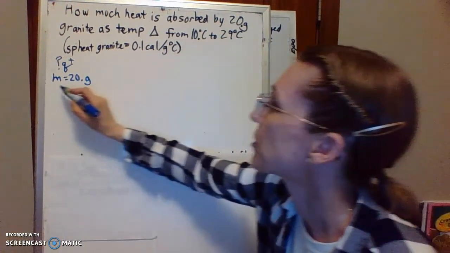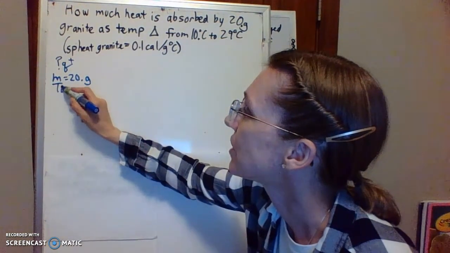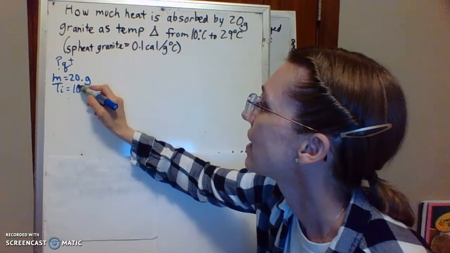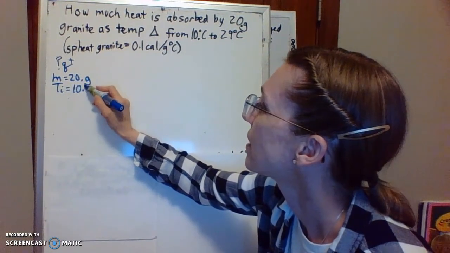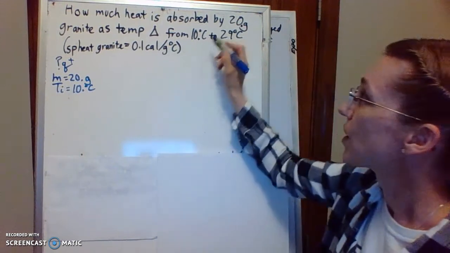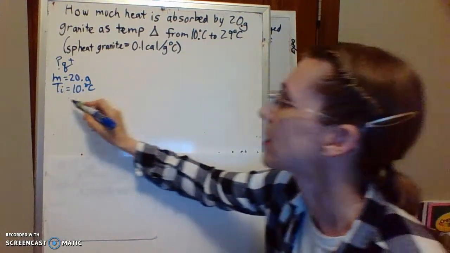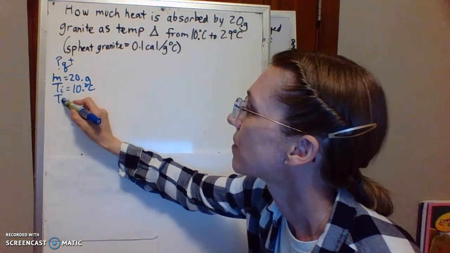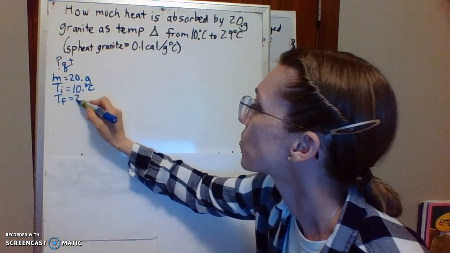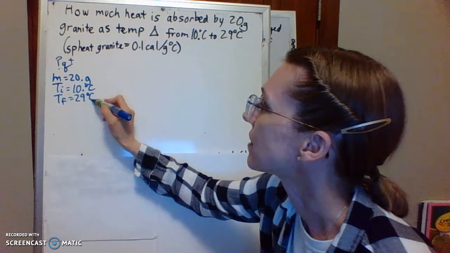So our initial temperature, T initial, is 10. degrees Celsius. To, this indicates that this is our final temperature. Temperature final equals 29 degrees Celsius.